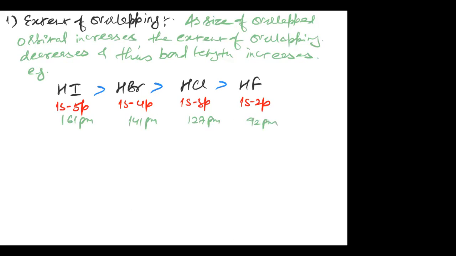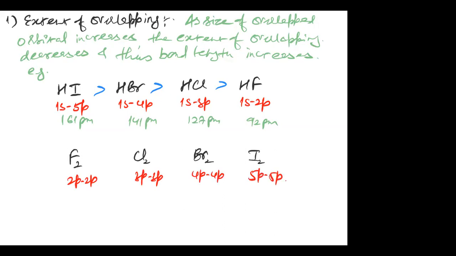I can take one more example here. Suppose it is F2, Cl2, Br2, and I2. In the case of halogens, this bond is 2p-2p overlapping, it is 3p-3p overlapping, 4p-4p overlapping, and 5p-5p overlapping.